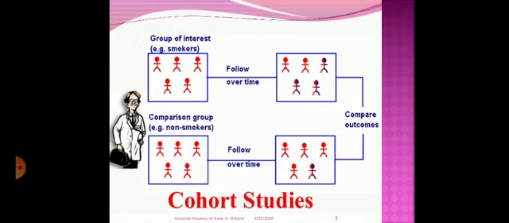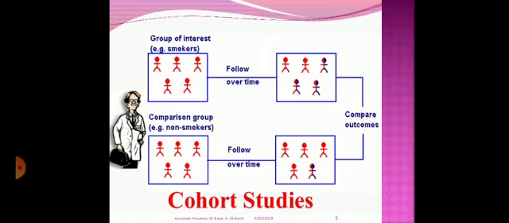You see on the top left, for example, a group of smokers. Here smoking is the exposure. The second group, down on the left side, is a group of people who have no exposure, they are not smokers, and we follow them up for a period of time, waiting for the development of the disease.